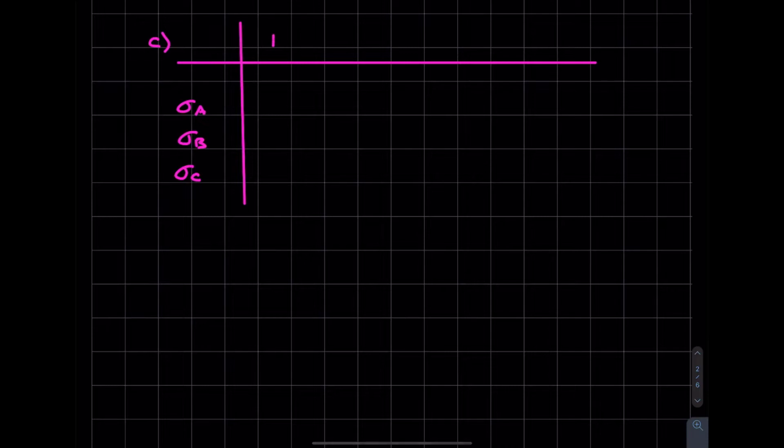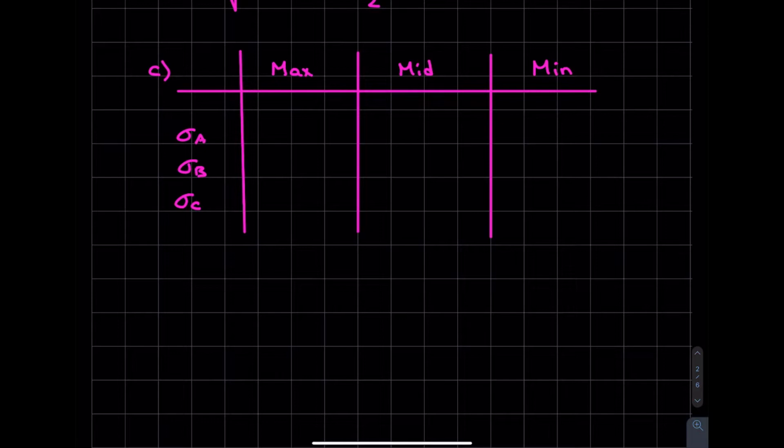So I'm just going to make a nice column here: max, then mid one next, just to keep it in order, and of course the minimum value. All we're going to do is go up, look at the matrix, see the three stresses, and order them from largest to smallest.